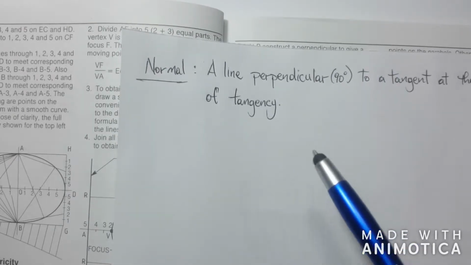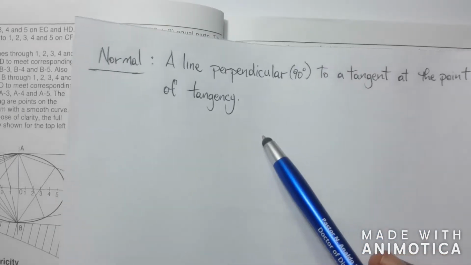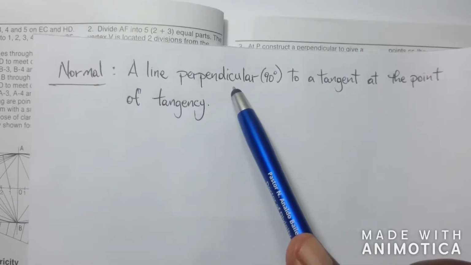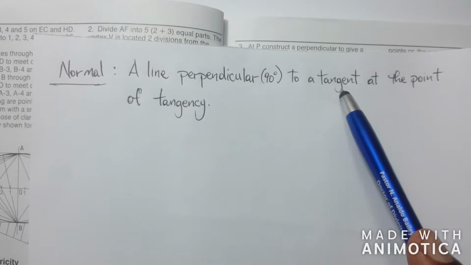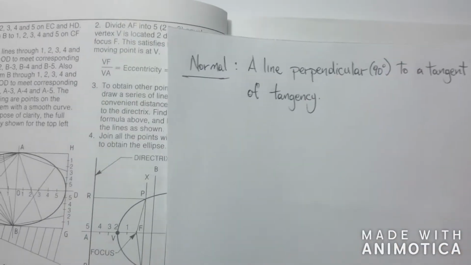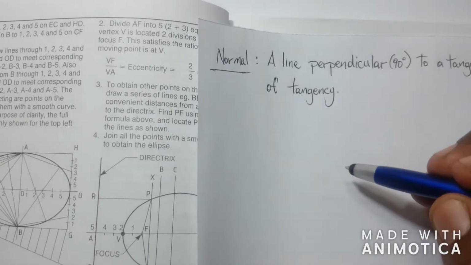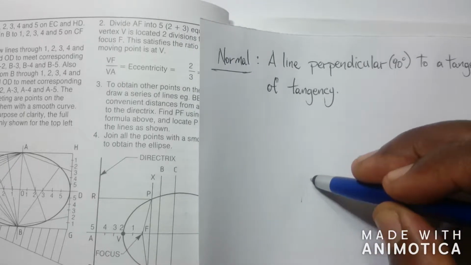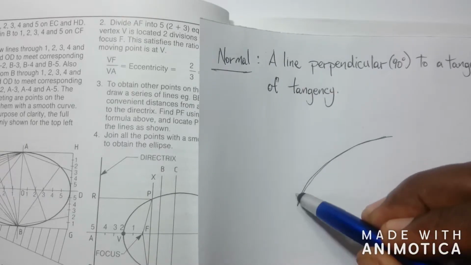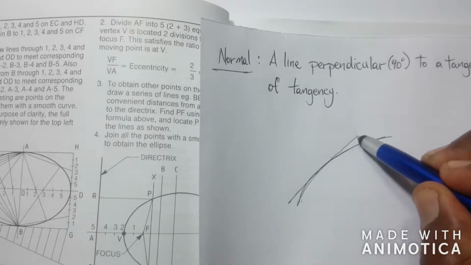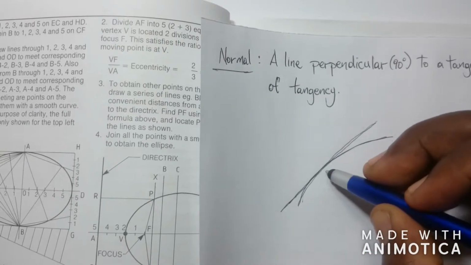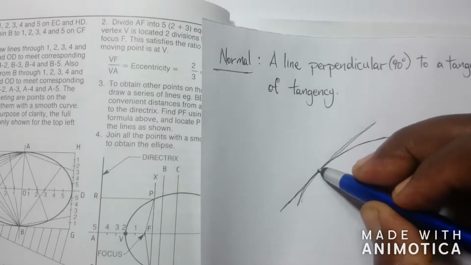So the normal is any line that is perpendicular to a tangent at a point of tangency. I'm going to sketch here. You have a curve, any curve, and a line that is touching the curve. The point where the line touches the curve would be somewhere around here.